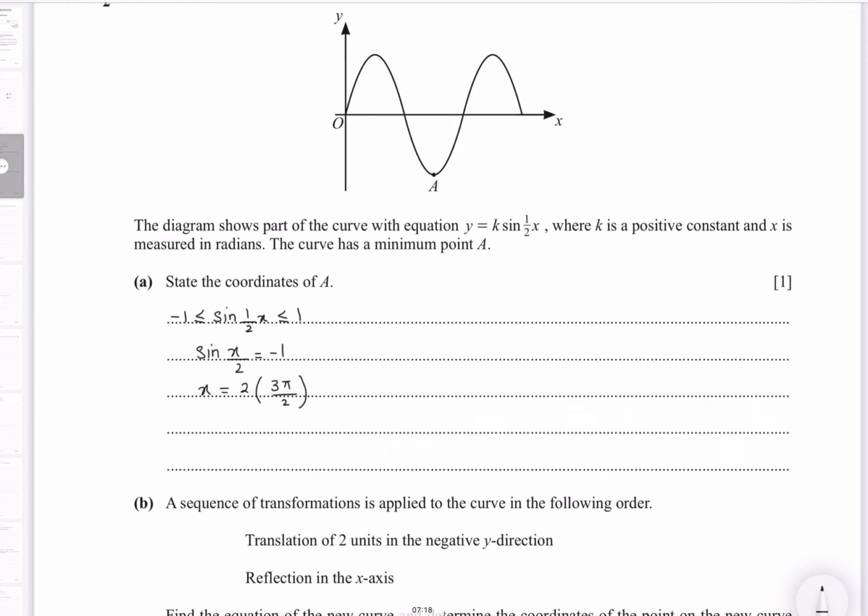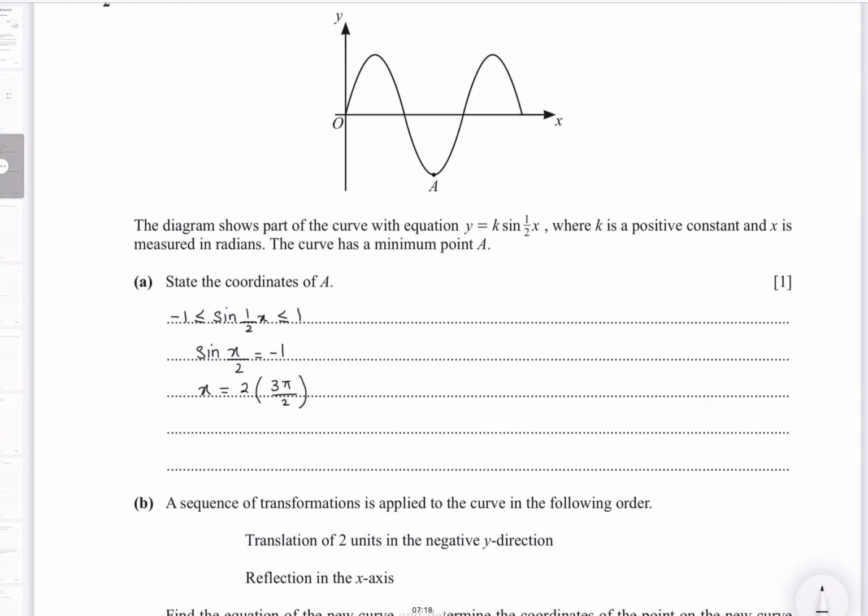This is actually 270 degrees. If you see, the curve starts at 0, the maximum is at 90, and when it meets the x-axis again, this is 180, and then the point A on the x-axis is 270.